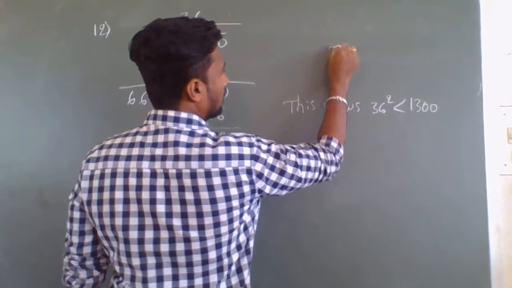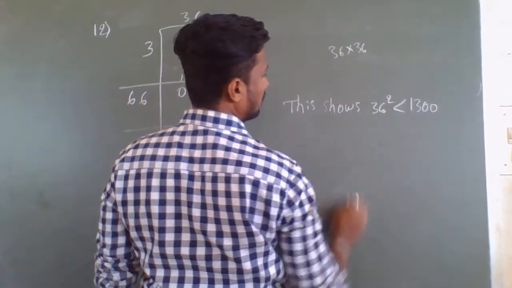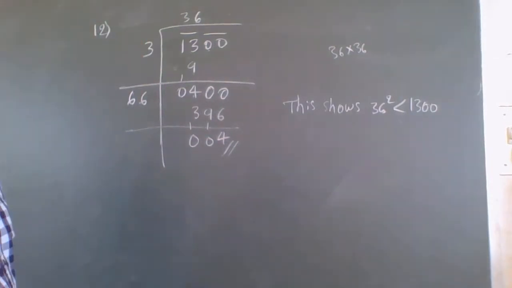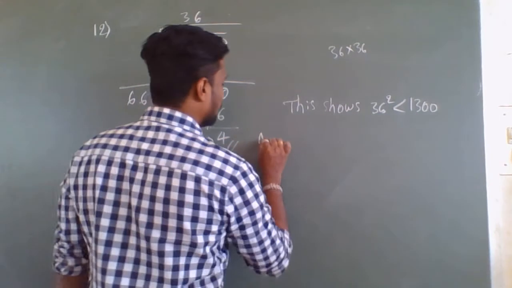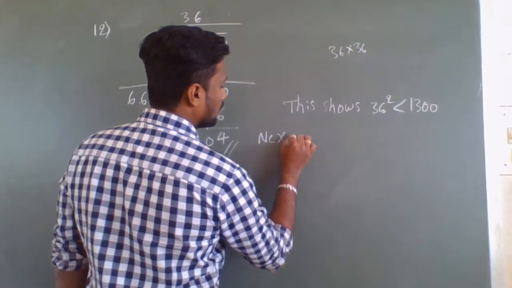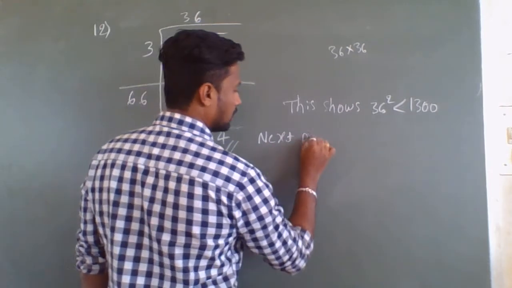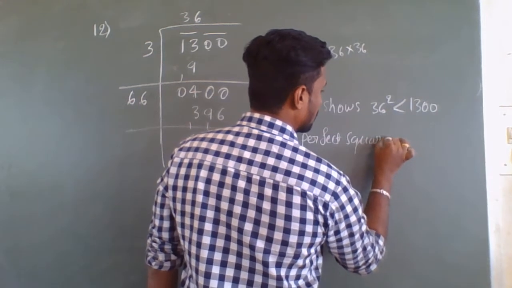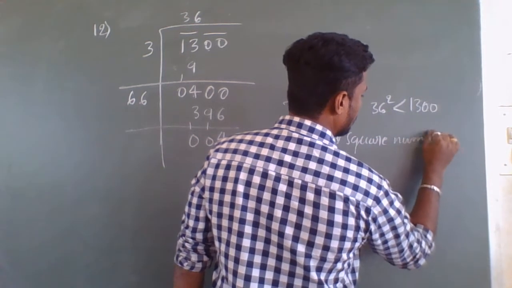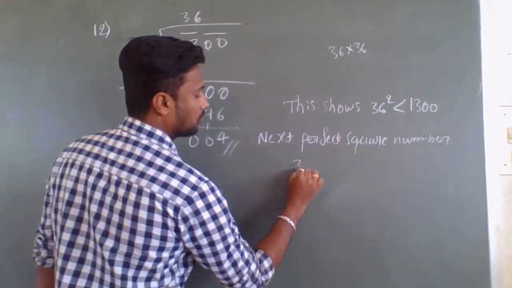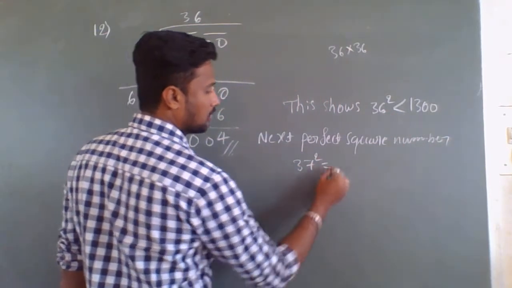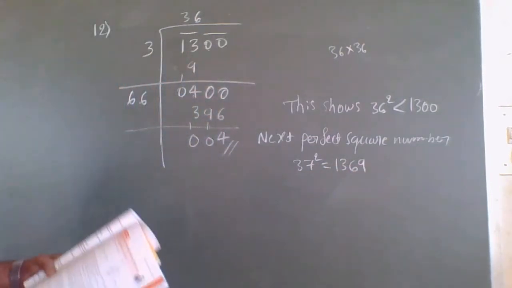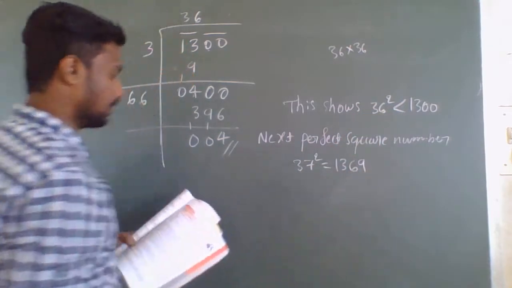You can check that 36 into 36 will be less than 1300. So the next perfect square number after 36 is 37 squared. 37 squared, what do we get? 1369, which is greater than 1300.